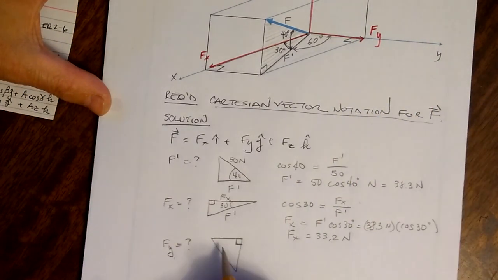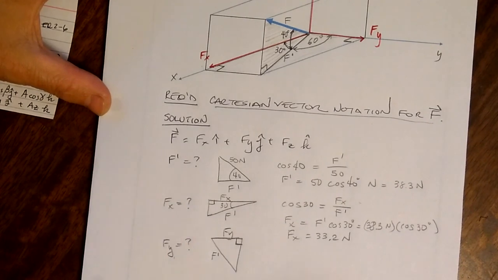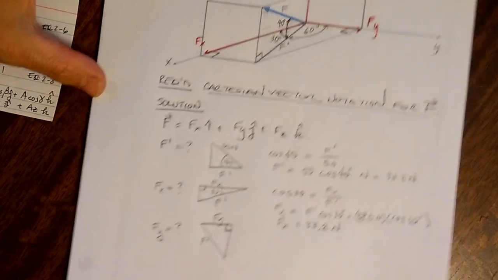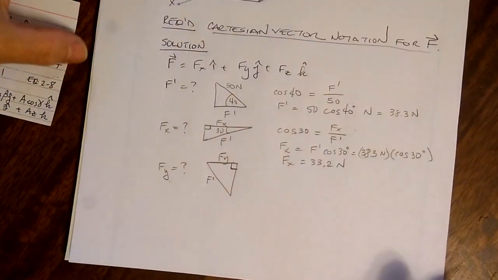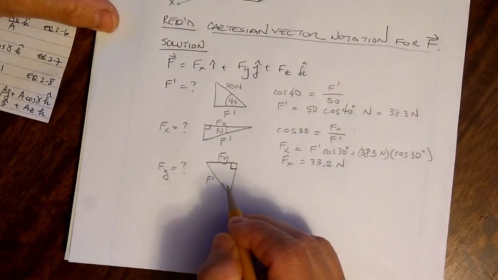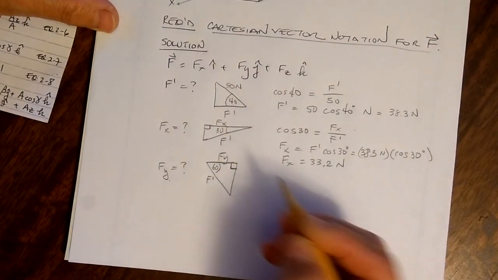Therefore, this is F of y. This hypotenuse is F prime. And this would be 60 degrees.